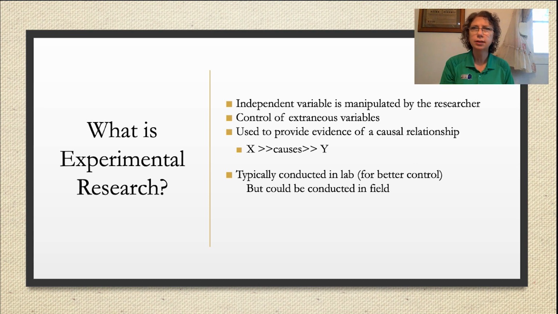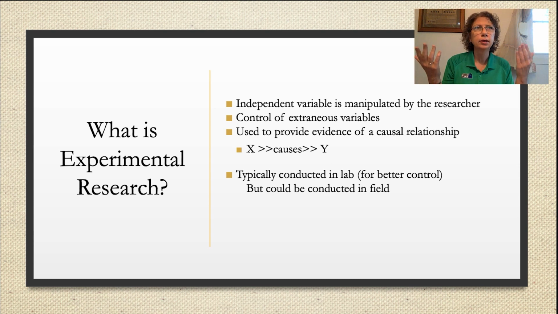That's not the same as when researchers talk about correlational research. Correlation is just two things happening at the same time. Like, as the temperature rises outside, we have more ice cream sales. It doesn't mean that the temperature causes the ice cream sales. It just means that they happen to move at the same time.